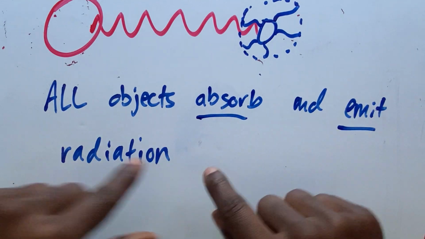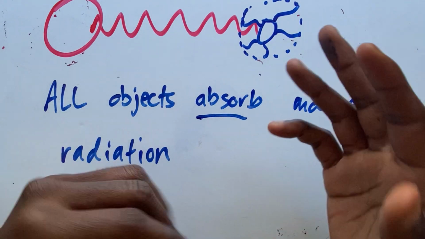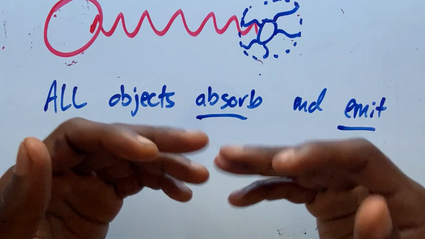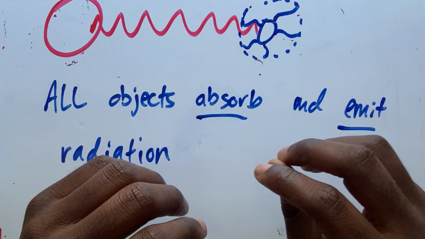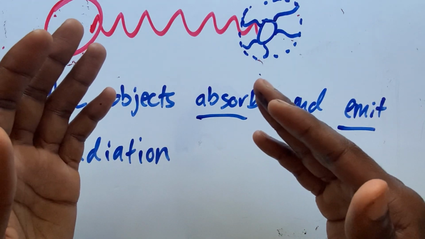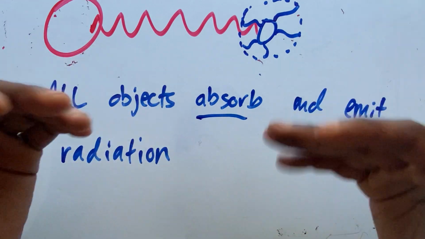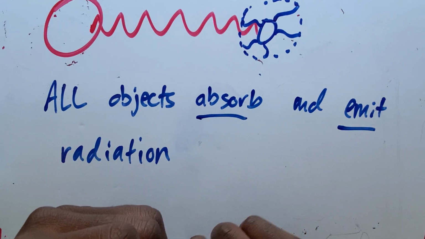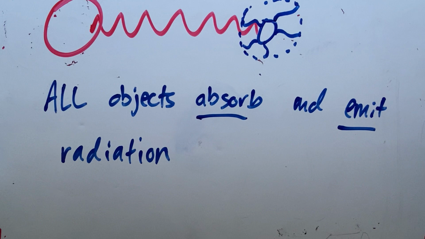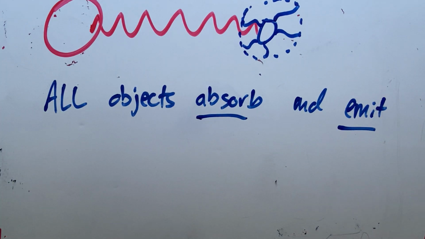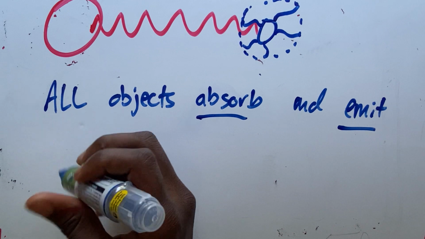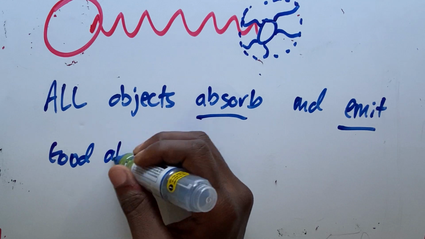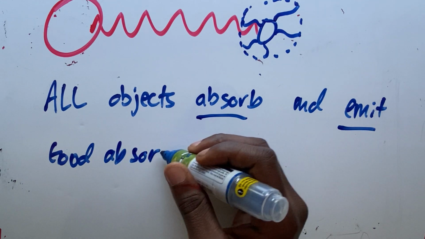So all objects absorb and emit radiation, but some objects absorb and emit radiation better than others. And basically, this ability for an object to absorb and radiate thermal energy, because we're talking about thermal energy, is indicated by its color. So good absorbers are also good emitters.